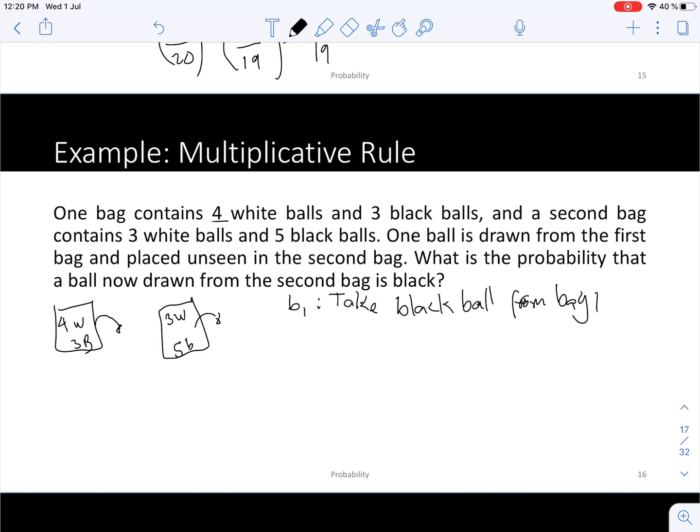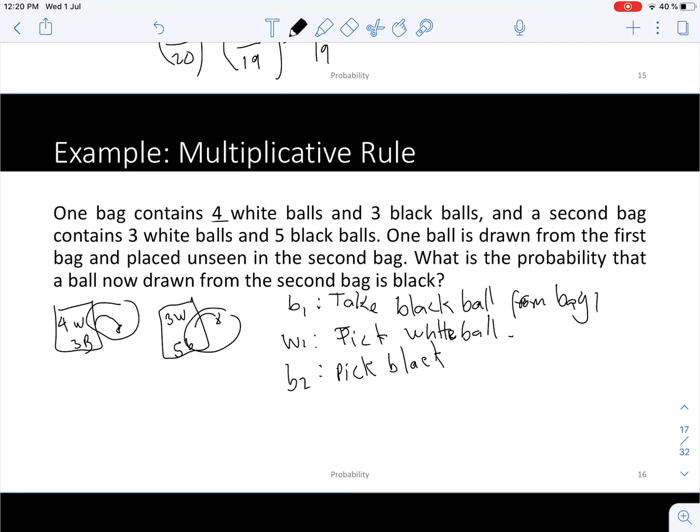Or the other possibility is that a white ball is taken from the first bag and placed in the second bag, so pick a white ball from bag 1. And then there is a second event, and that's the question here. It's B2, to pick a black ball from bag 2.